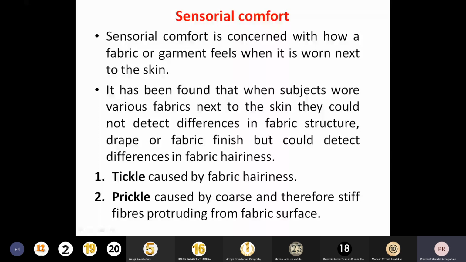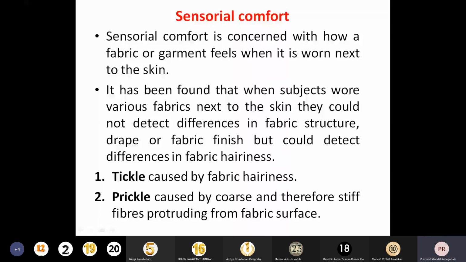Still there are some factors which contribute to your sensorial comfort, and they are called tickle and prickle. Now this tickle is caused by fabric hairiness, and there is another, that is prickle. It is caused by coarse and stiff fibers which are protruding from the fabric surface.